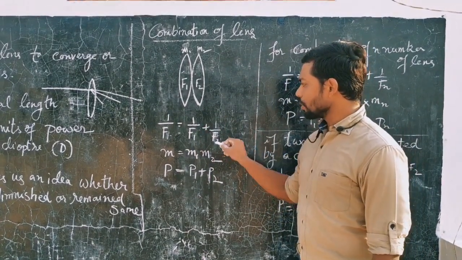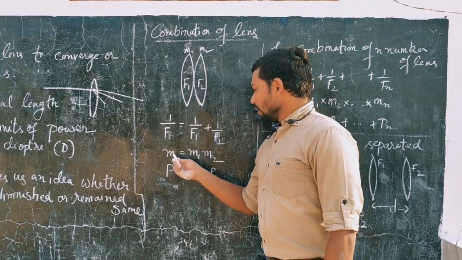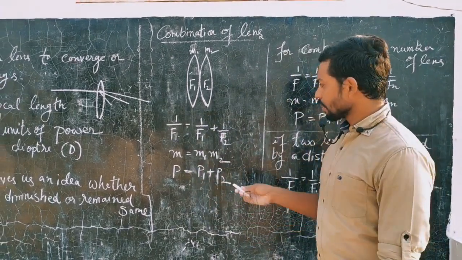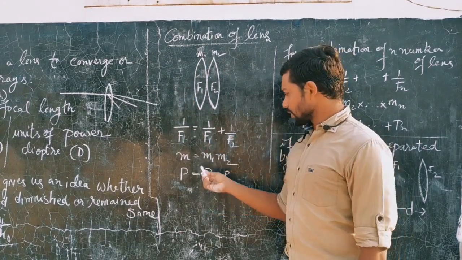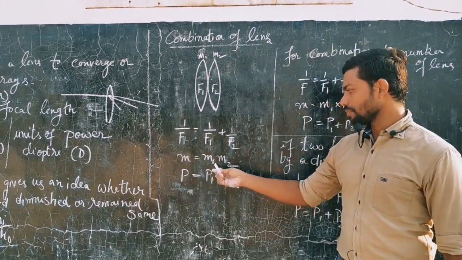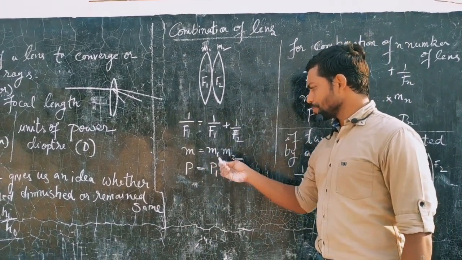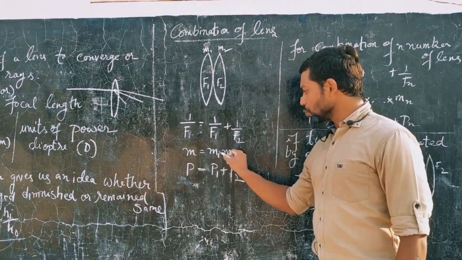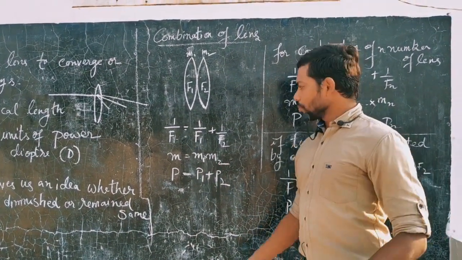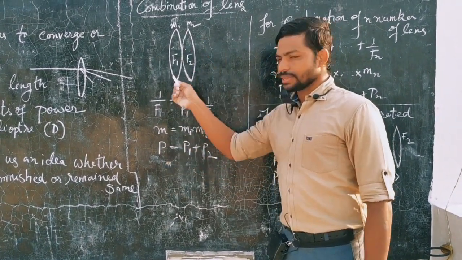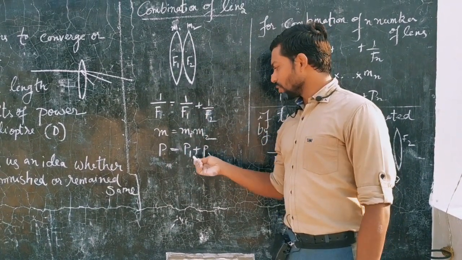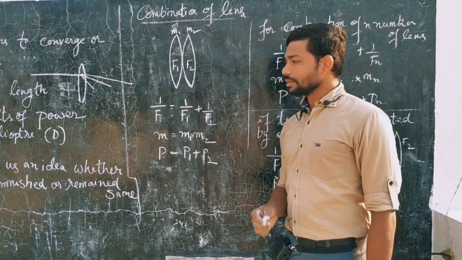So you are just adding the focal lengths reciprocally. Similarly, the magnification of the entire system is given by the multiplication of the magnifications of the two lenses, m1 into m2. Power, obviously we know, is the reciprocal of focal length, so the power of this entire system will be P is equal to P1 plus P2, right?